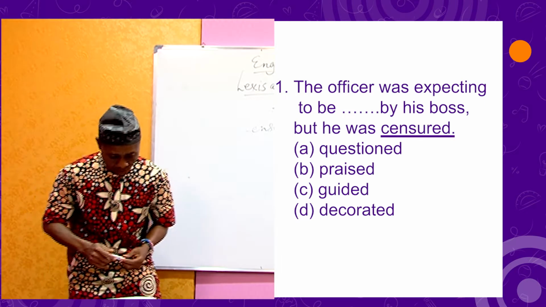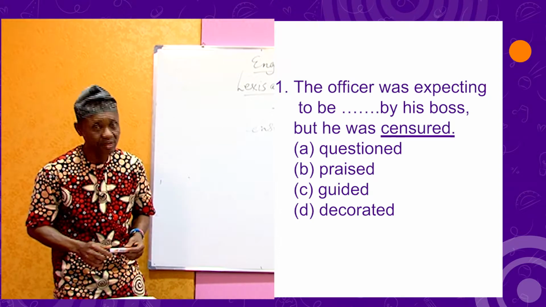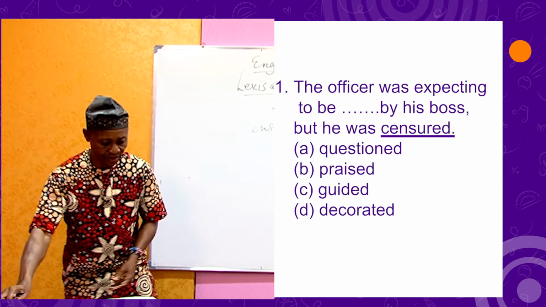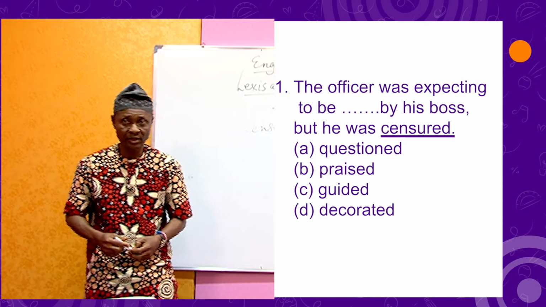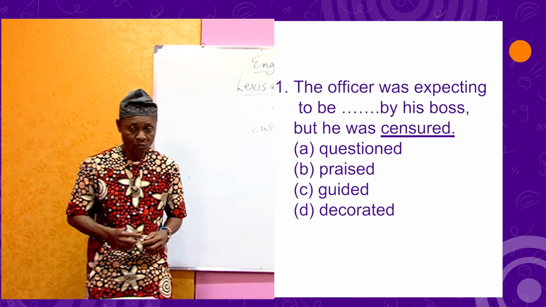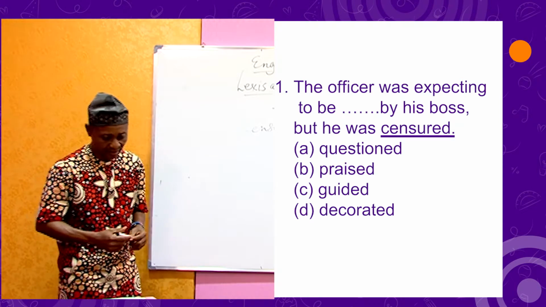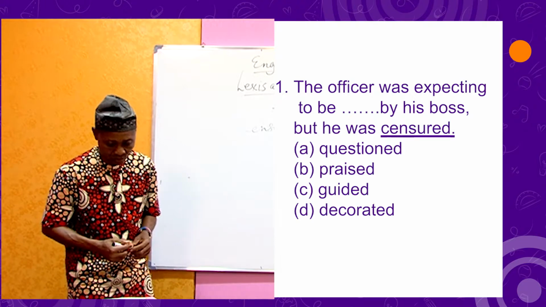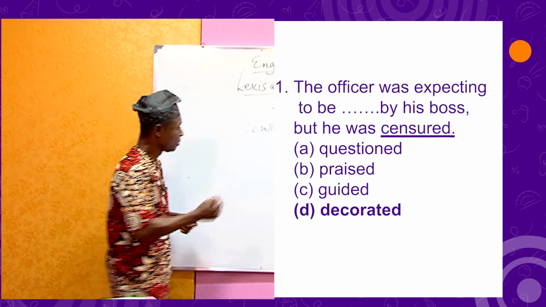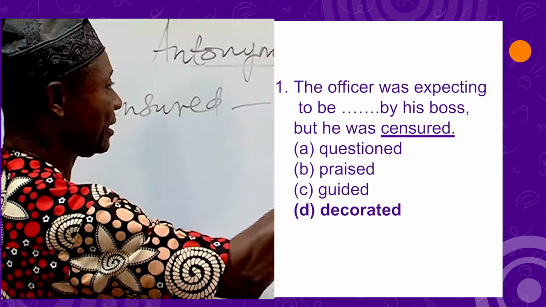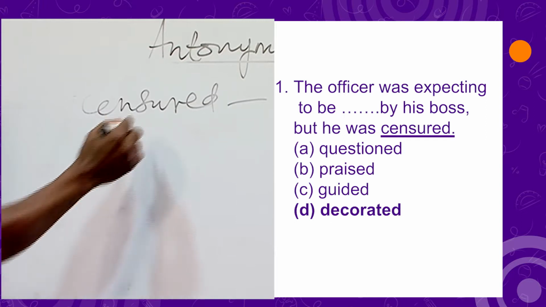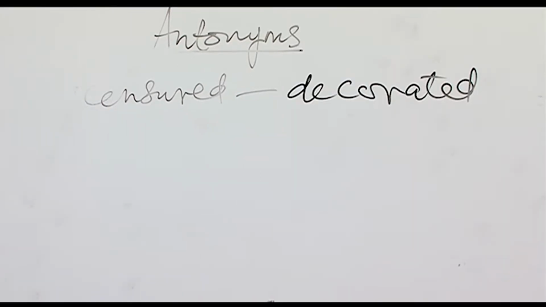Option A is questioned. B is praised. We have C, decorated, and D is guided. From what we have seen here, the word that contrasts with censured is decorated. As instead of him to be blamed, he was decorated.